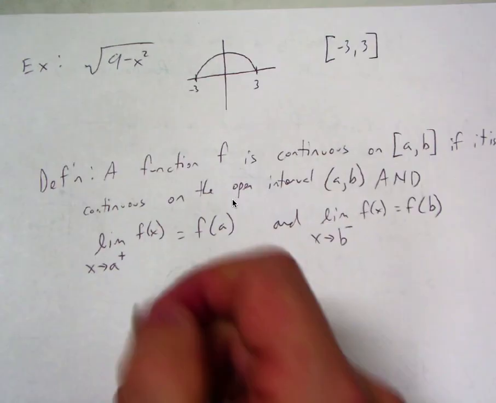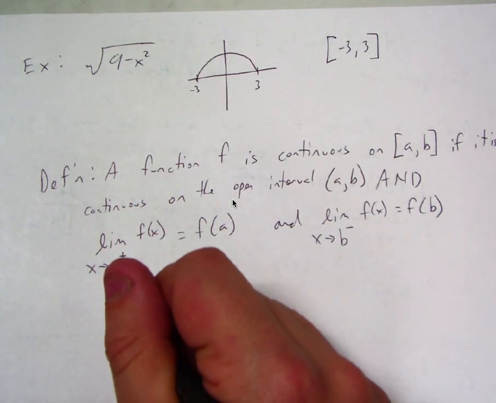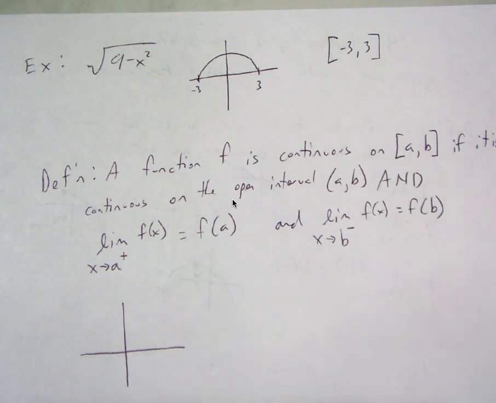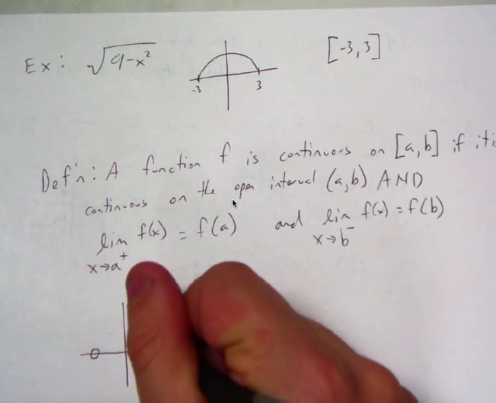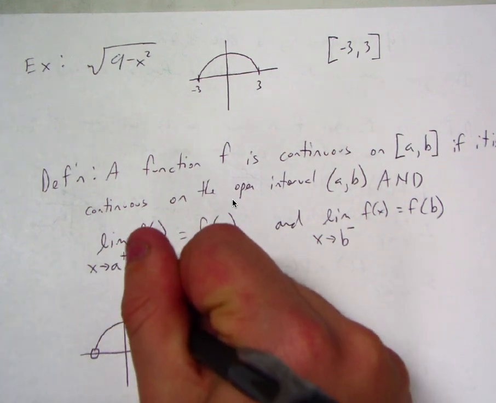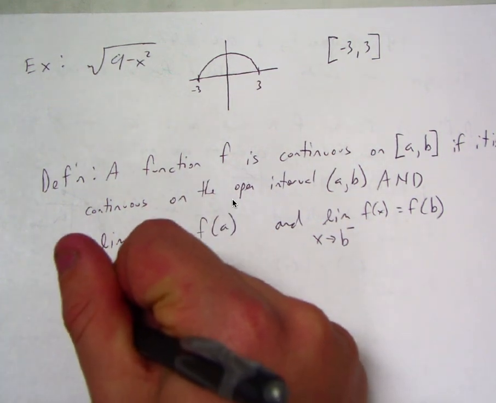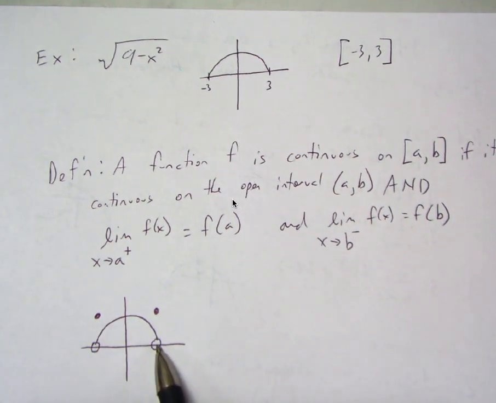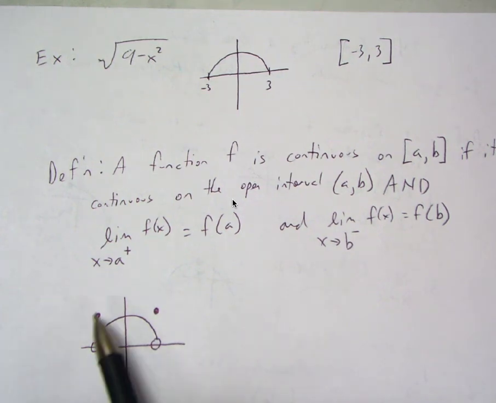If I have some function, similar to the one above, I'm just going to draw a graph though. Let's say I did this. So I have this function, and at the endpoints here, I have open circles, but I define the function right here, just kind of above.